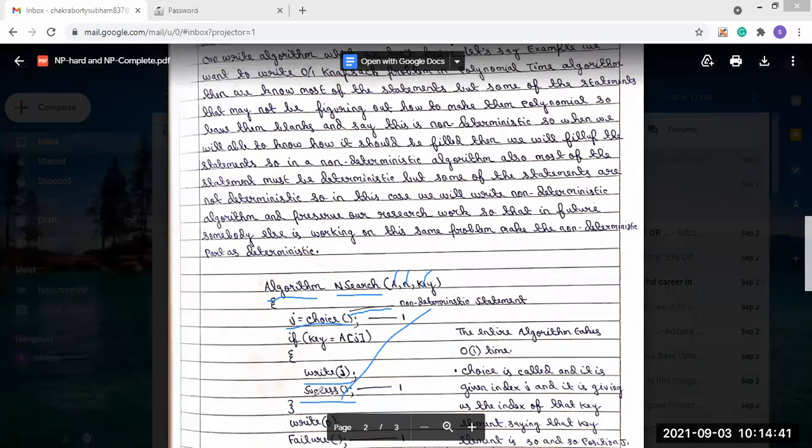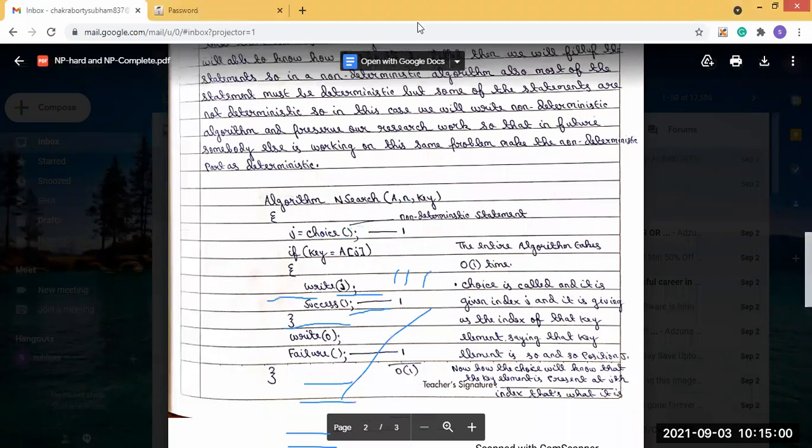This success is also non-deterministic because we are not able to define the statement. And if the key element is not found in the array, then we write 0 and write failure. This failure is also a non-deterministic statement.